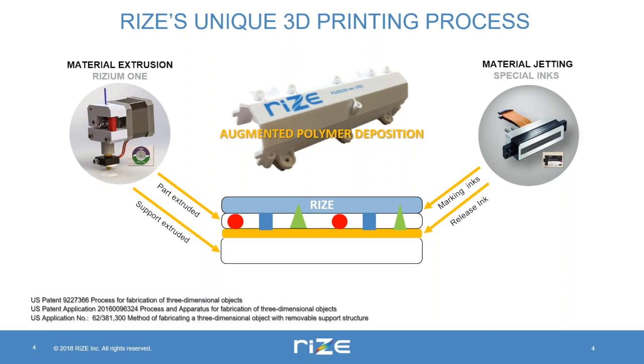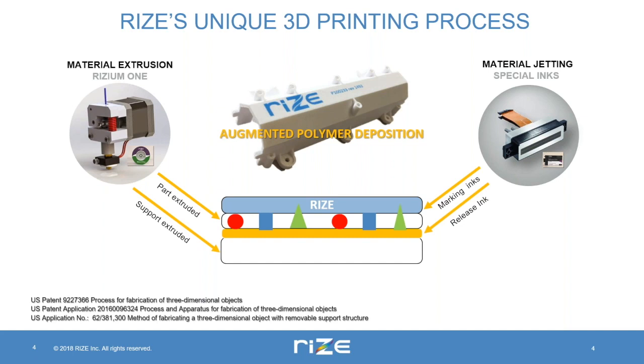And this allows us to, between layers of extruded thermoplastic, jet different functional inks that allow us to achieve a variety of effects. So this can include marking ink, which allows you to apply text or images to the surfaces of parts.